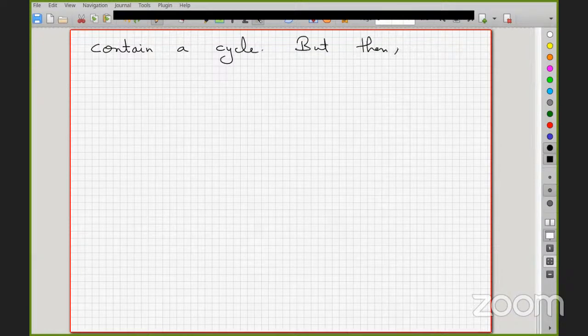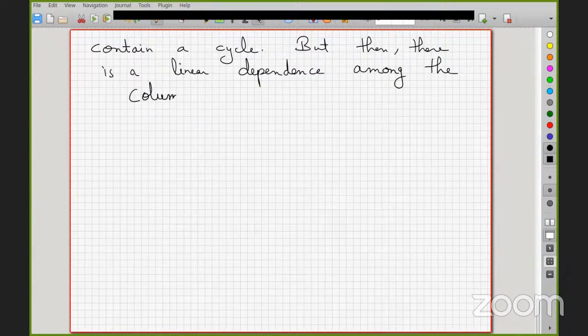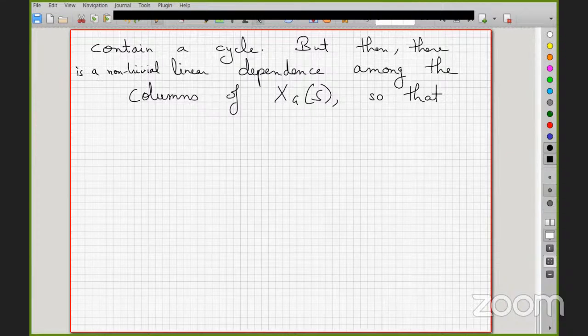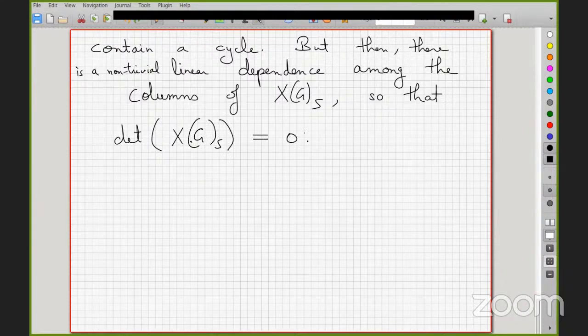But then there is a linear dependence between the columns, a non-trivial linear dependence of the XGS, so that the determinant of this X is zero.